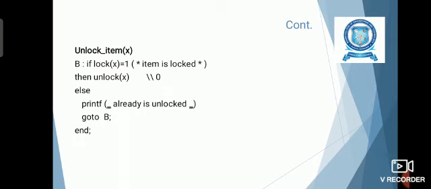That is, if the item is previously in locked state, then the transaction will execute unlock of X. Else, if previously lock of X equal to 0, it will print that it is already in unlocked state.